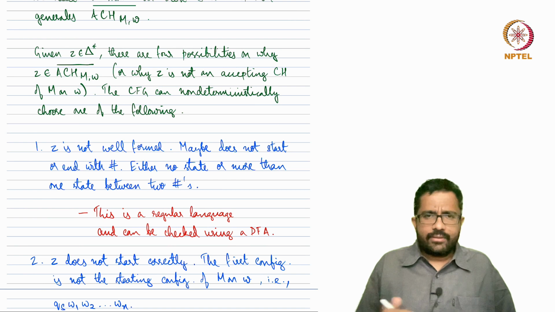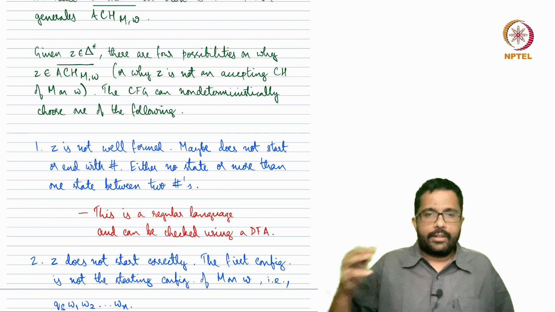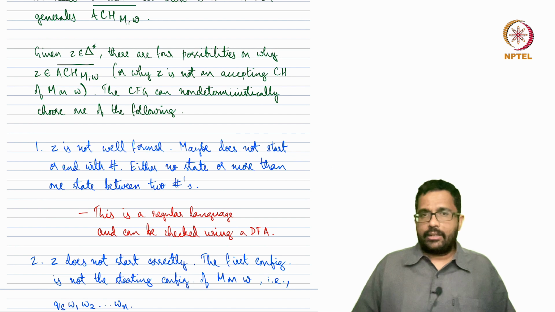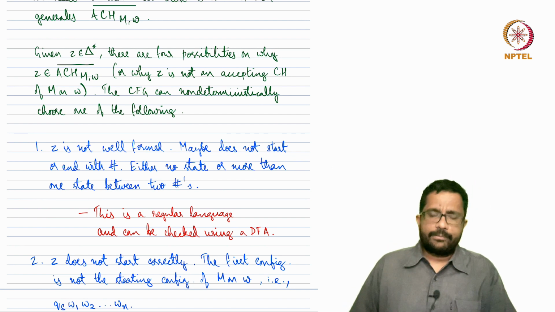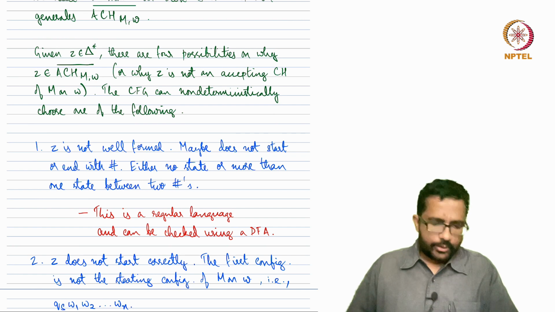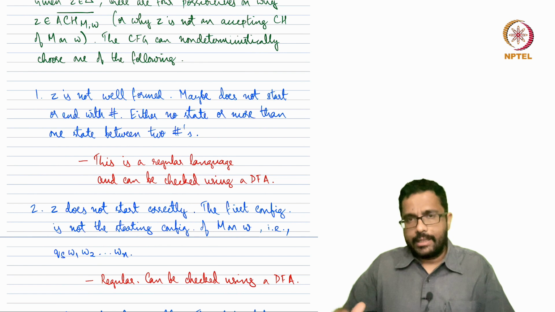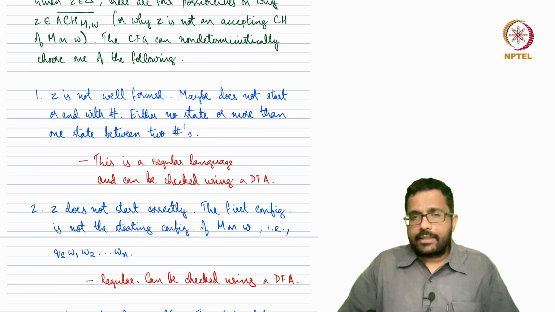This can be checked by a DFA; it is a regular language, because you are just checking whether the string starts and ends with a hash and whether between every two hashes there is a state. I'm not getting into the detail of how you can check it, but it should be straightforward to see that it's a regular language.